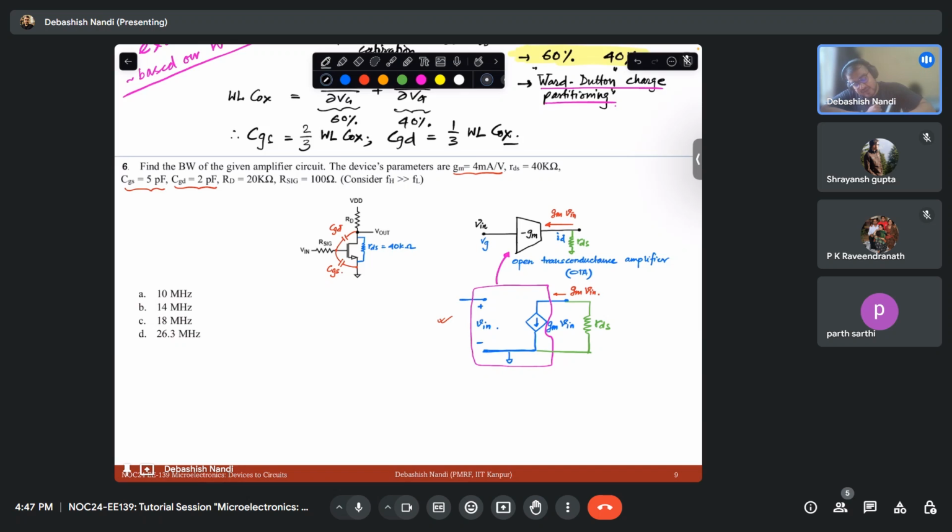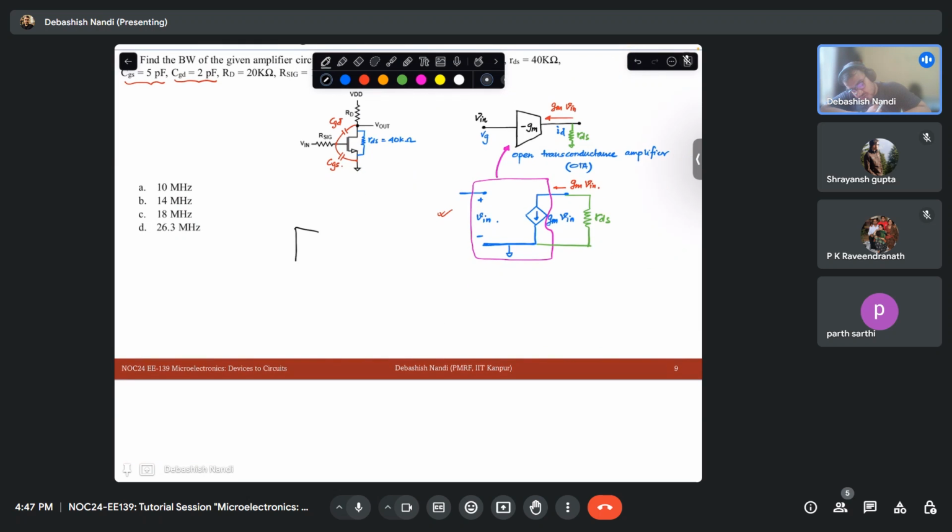In general, this OTA will have two terminals. It will be something like this. This is minus, this is plus, this is GM. This will be your gate terminal, this will be the source terminal, and this is your drain terminal. So you connect it like this if you have a certain source voltage.